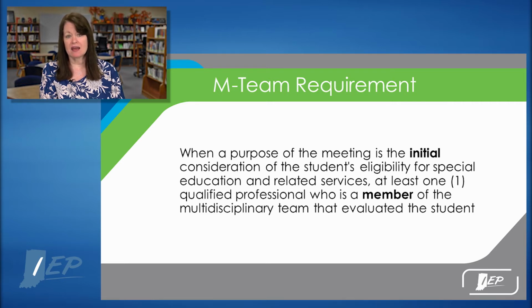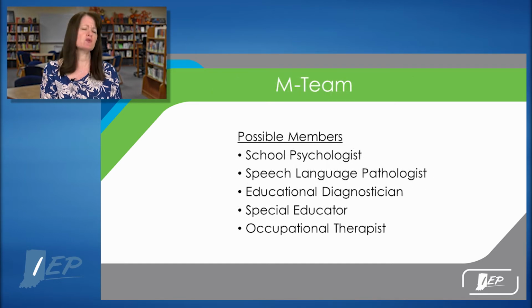They need to be there at the meeting. So you cannot have a meeting with just an instructional strategist when it is an initial evaluation. You have to have an MTeam member there. But Article 7 really doesn't say who that person is. It just says a qualified educational professional that was part of the MTeam.